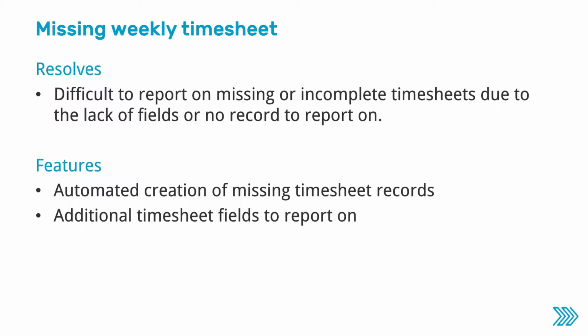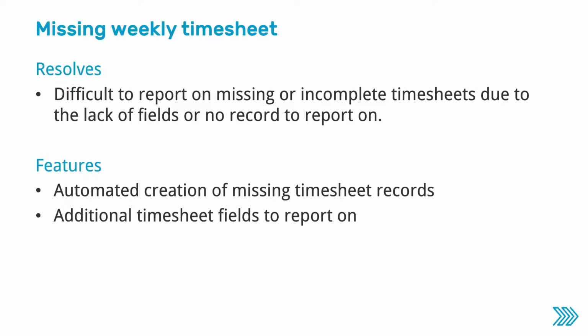One of the main reasons was that for timesheets that had not been submitted or had not been created at all for a certain week, no record was created. This made it technically very difficult to report on because of the lack of the record.